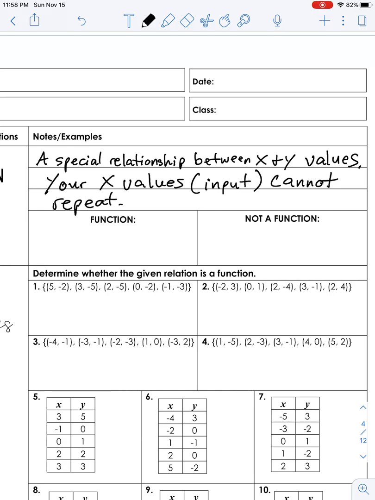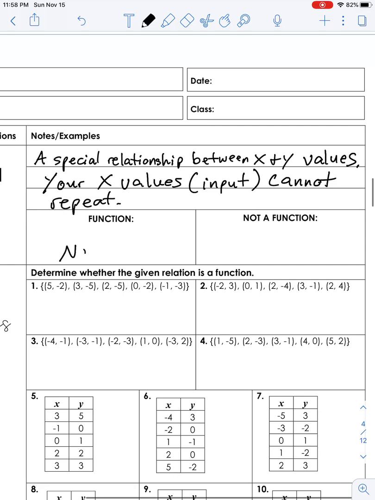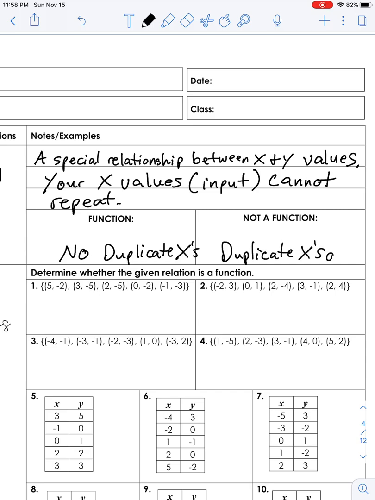Meaning you cannot have any duplicate x's, okay? So no duplicate x's would make it a function, and then obviously the exact opposite. Duplicate x's or more would make it not a function.